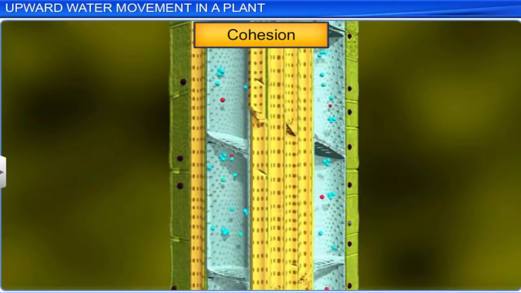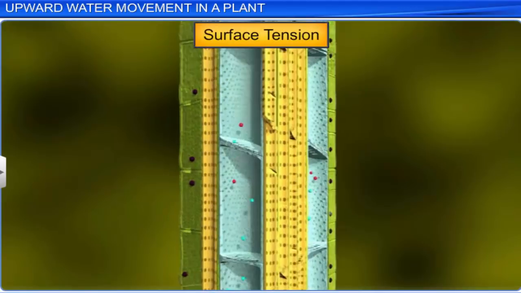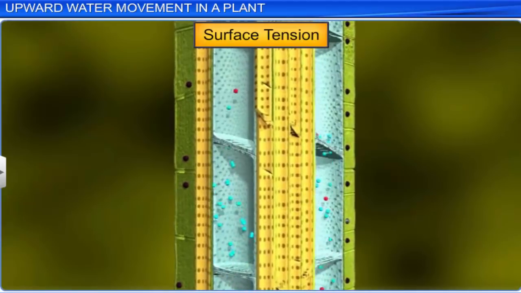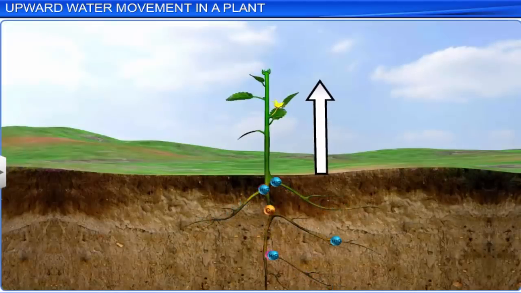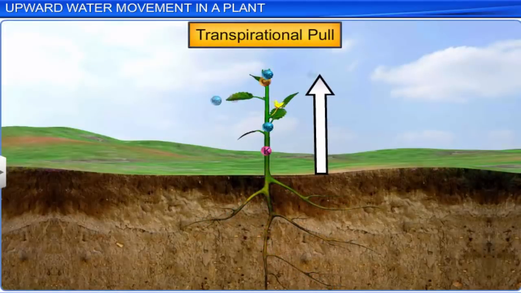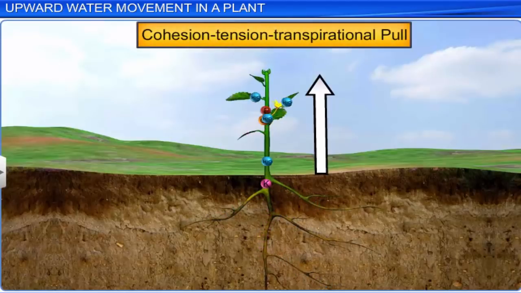Cohesion is the mutual attraction between water molecules, and surface tension is the force acting on a water molecule traveling upwards in the xylem. Since cohesion tension helps the transpirational pull, it is also known as the cohesion-tension transpirational pull model of water transport.